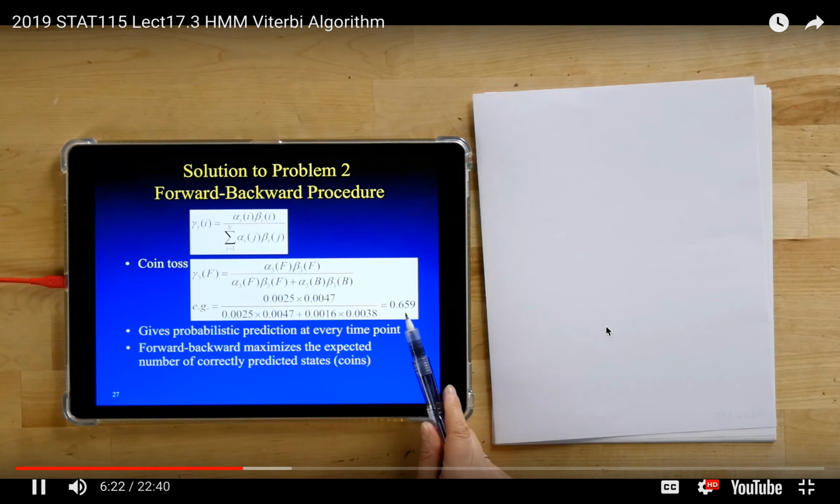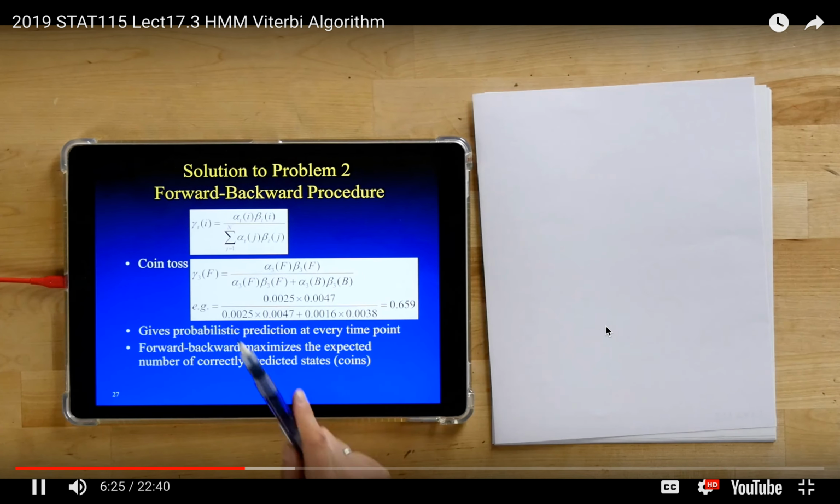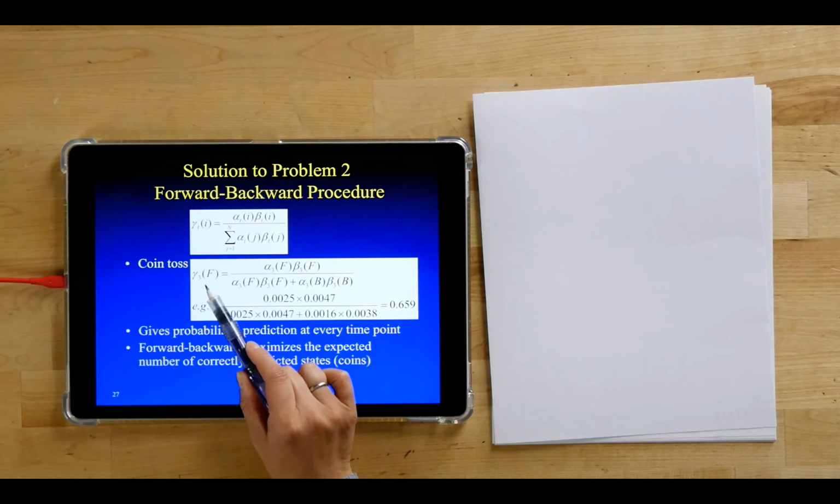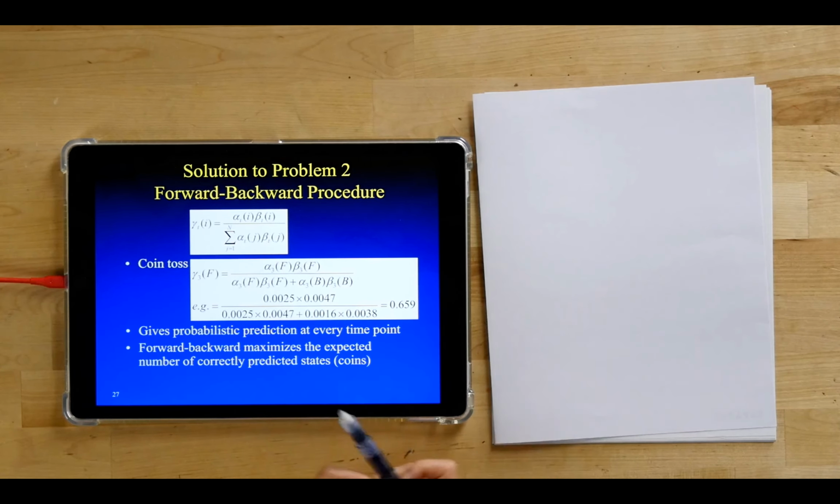If this number is over 50%, you're going to guess that at this point, it's more likely to be using a fair coin. And the probability of using a biased coin, the gamma bias, should be 1 minus this number. You can see that's like 0.34, sorry, 0.44. It's below 50%, which means if I have to make a guess at the third location, I'm more likely to be using a fair coin than a biased coin.